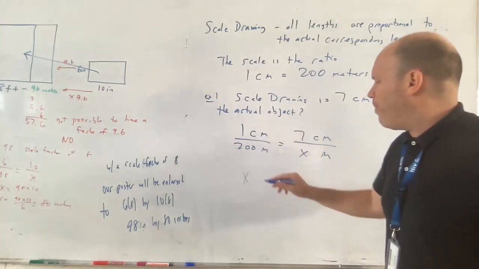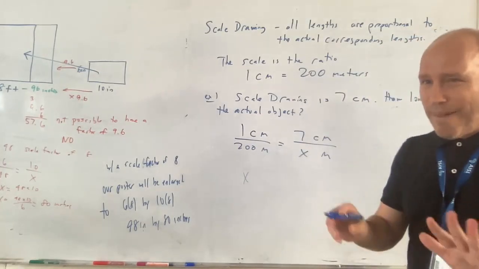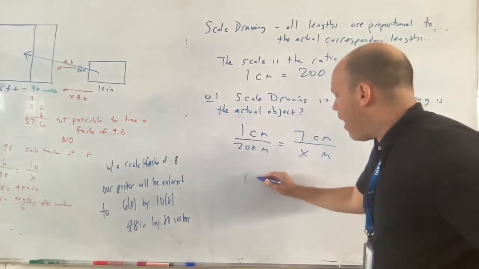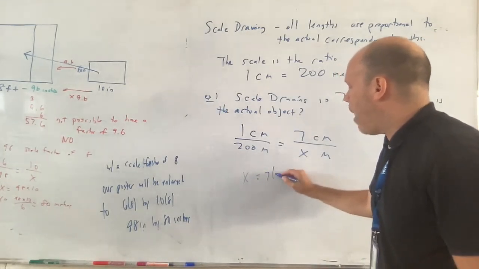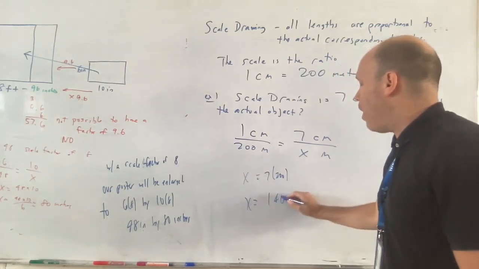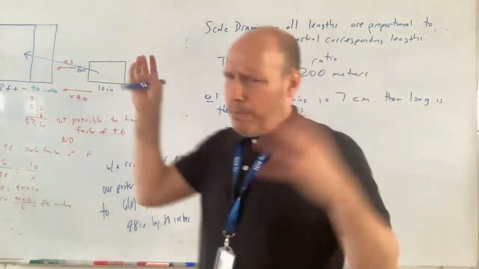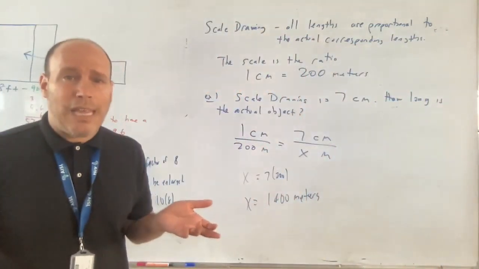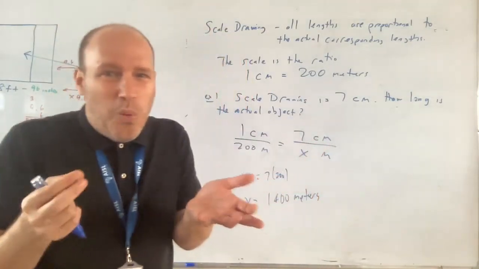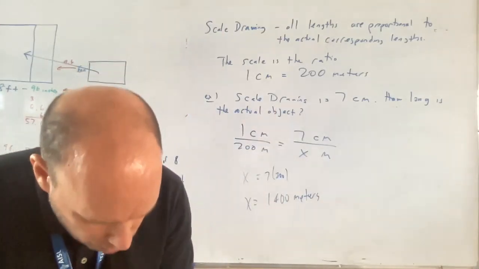Leave off the units. I mean, it is important, but we know the answer is x meters. So we have 1x equals 7 times 200, so x equals 1400 meters. It doesn't necessarily have to be bigger. You could be talking about the length of atoms or cells, where on your paper 1 inch represents like a trillionth of an inch.